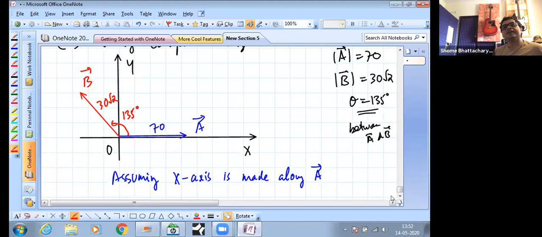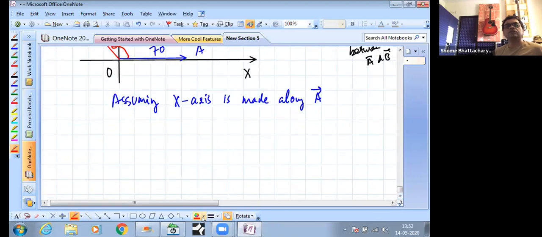So once I've got this diagram worked out with the assumption that the x-axis is along A, now I can express vector A and B in component form. So next step, what we'll do here is express the vectors A and B in component notation.